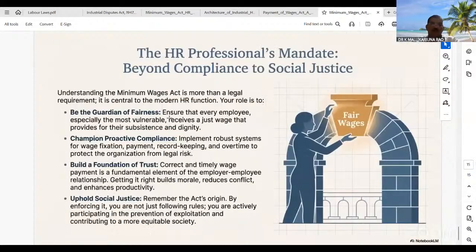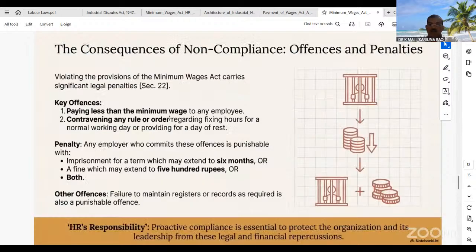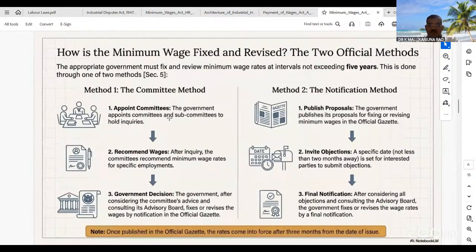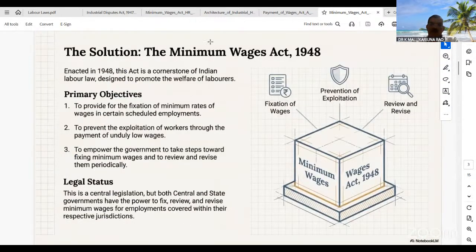As HR professionals, you have to take care and understand all the legal procedures regarding the Minimum Wage Act 1948. So this is regarding our Minimum Wage Act 1948.